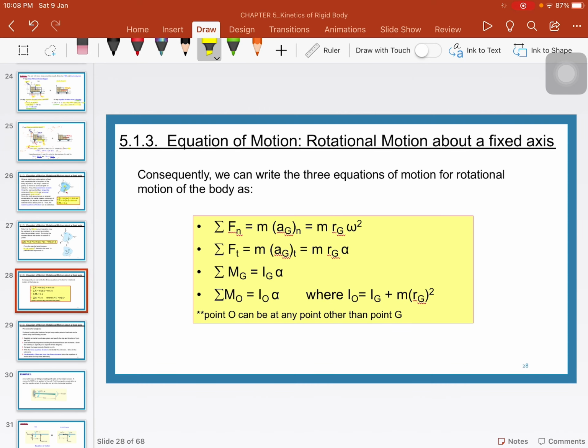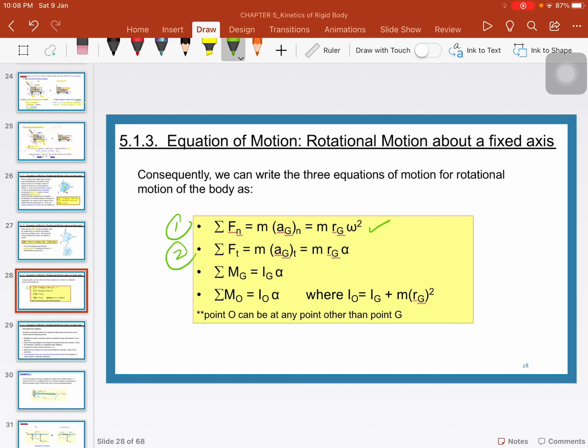Consequently, we can write the three equations of motion for rotational motion of the body as: first, summation of Fn equals M AGN equals M RG omega squared.